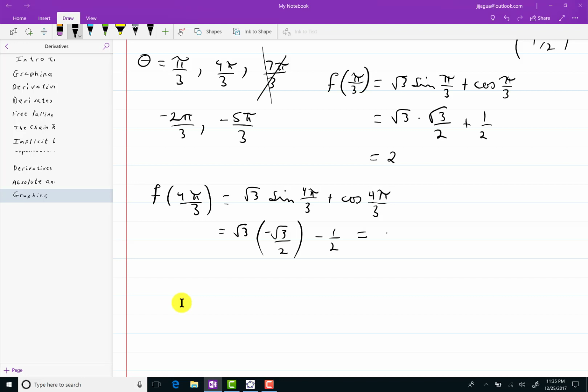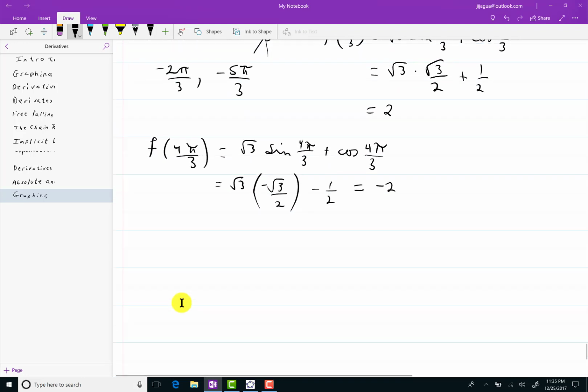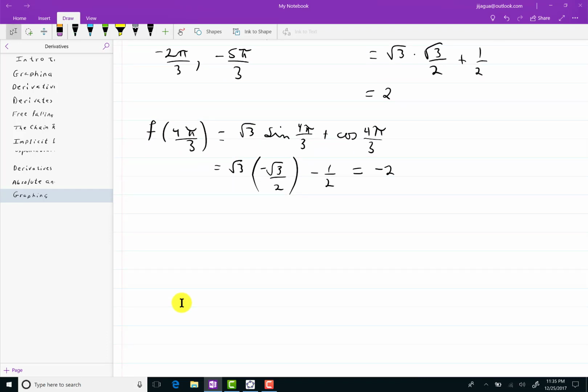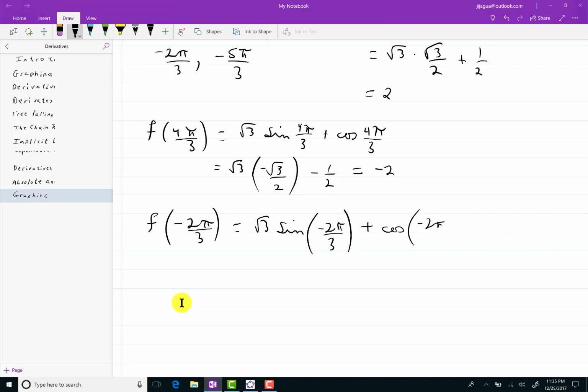That will equal negative 2. Now f of negative 2 pi over 3 equals radical 3 sine of negative 2 pi over 3 plus cosine of negative 2 pi over 3.